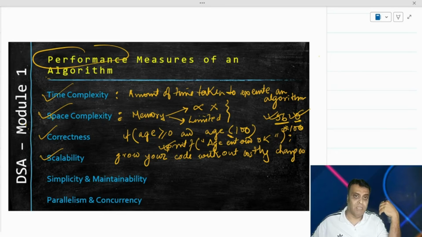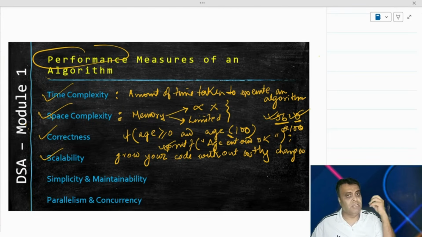More and more customers are coming, and now you need to make sure that your database connections are working fine and optimum, and you have created a decent number of indexes in the databases. I'm sure you will be learning all of this, or if you know about it, then you understand what I'm speaking about.